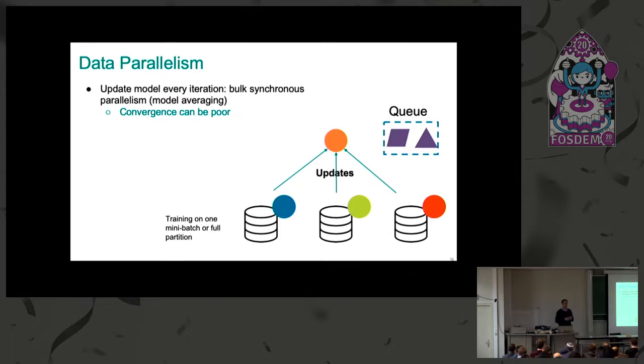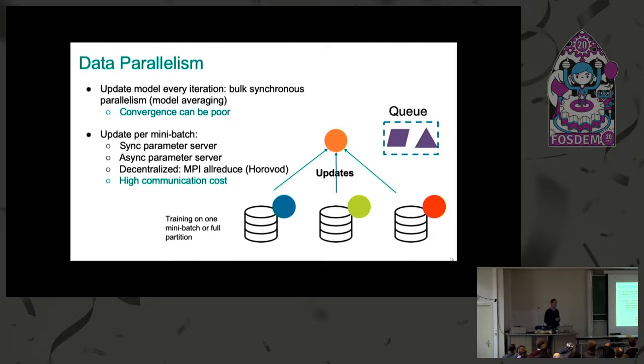However, it suffers from often poor convergence. The other thing you could do is you could update once per mini batch. So instead of going through all of your data, you go through a mini batch, then you send the updates to the master. And depending how you do that, you could do it in a synchronous way. You could do it in an asynchronous way.